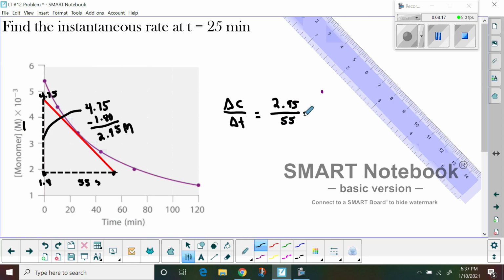And when I solve this on my calculator, 2.95 divided by 55, I'm going to get a rate of reaction of 0.054 moles per liter per second.